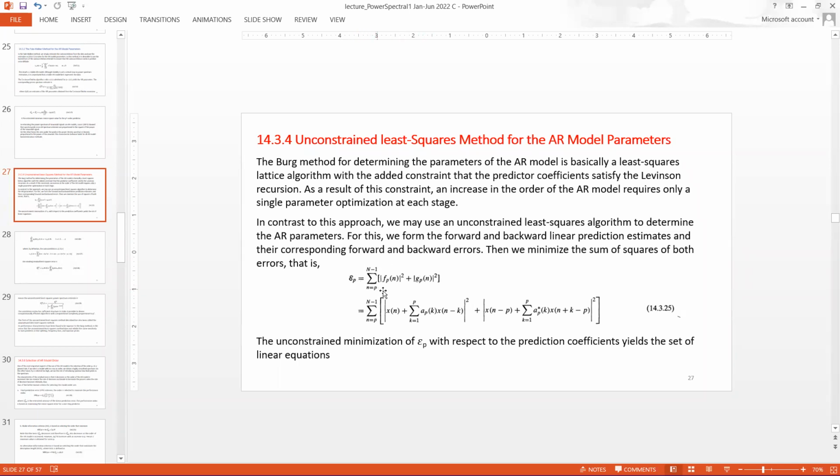And this, extended version যদি আমরা লিখি then it comes like this. And the unconstrained minimization of epsilon p or epsilon rho যাই বলি আমরা, with respect to the prediction coefficients yields the set of linear equations.